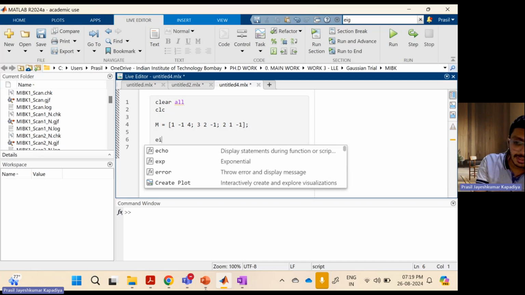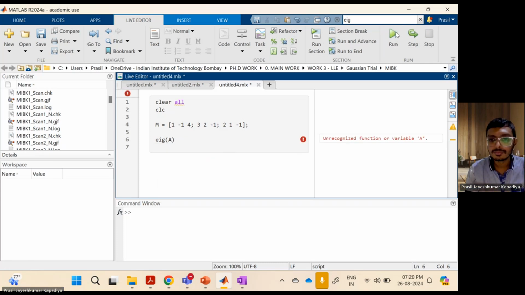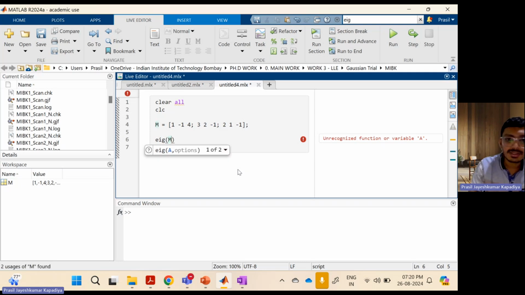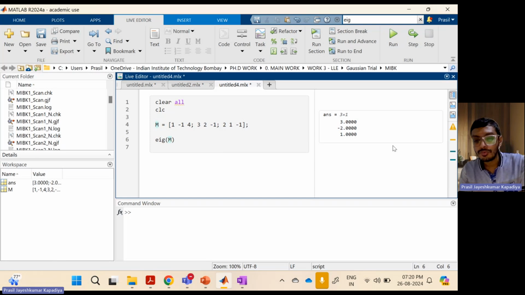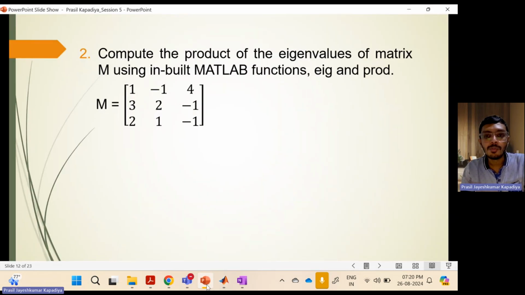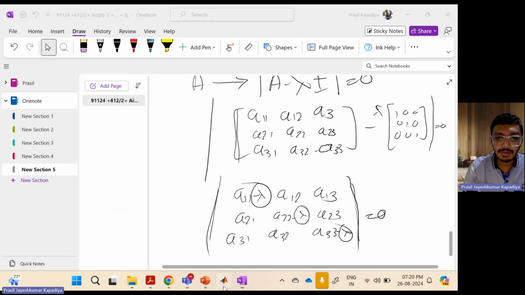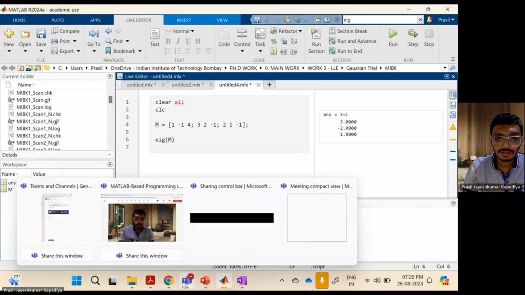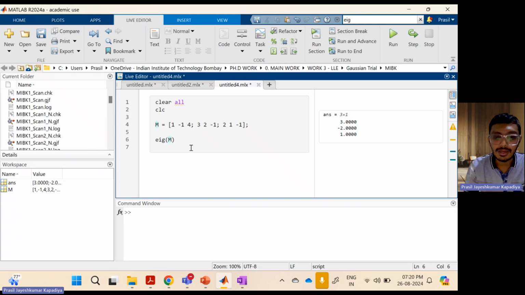I will write eig of M. My matrix is M. So these are my eigenvalues. Now what is told to us? Compute the product of eigenvalues. The product is simply minus 6, but we are not supposed to do it directly; we must use the MATLAB inbuilt function prod.